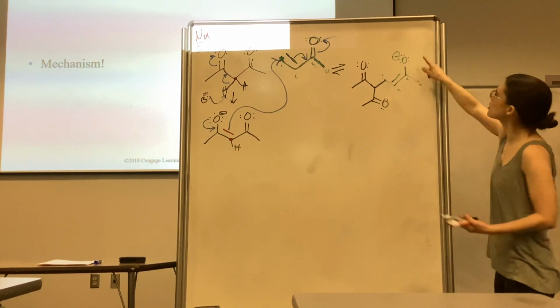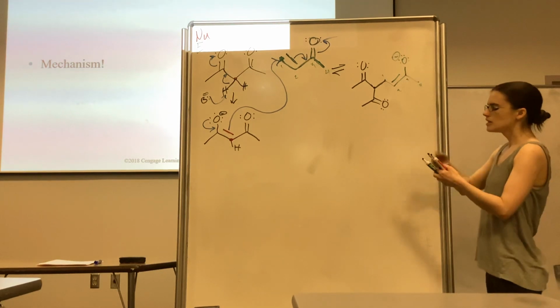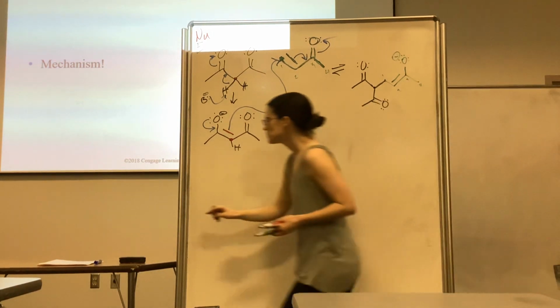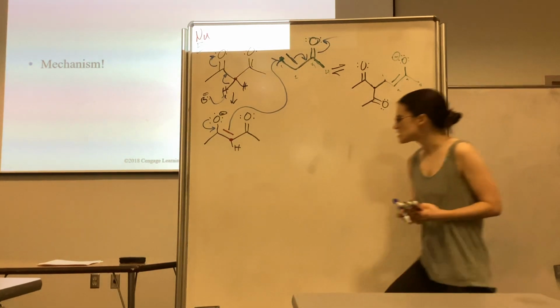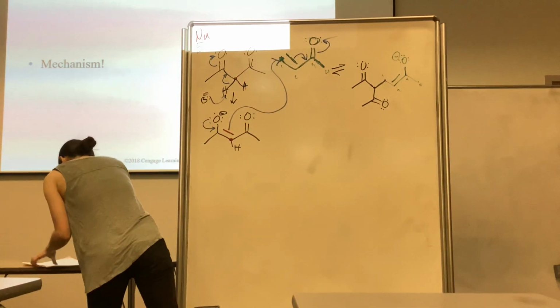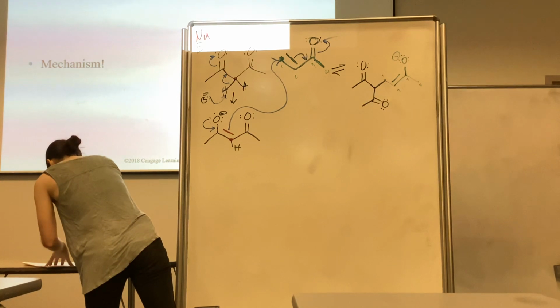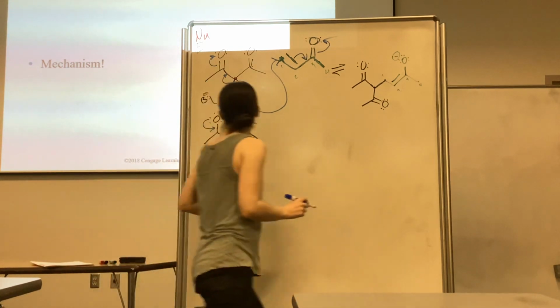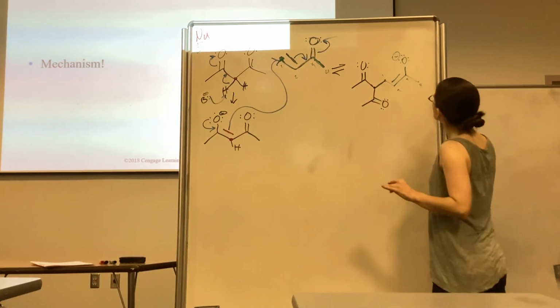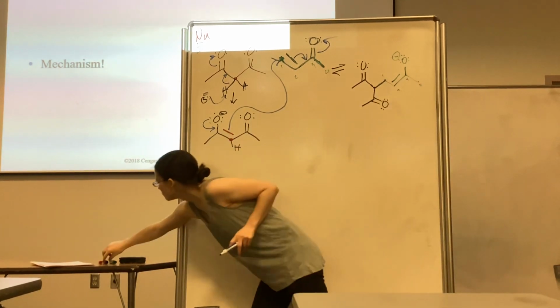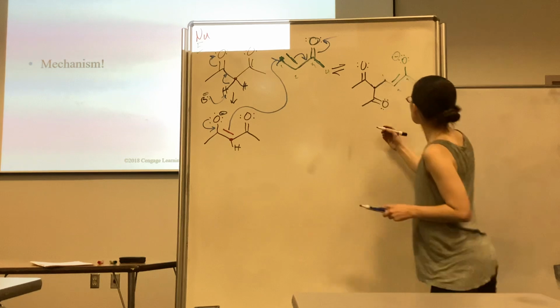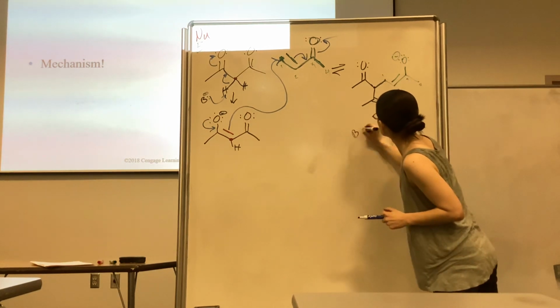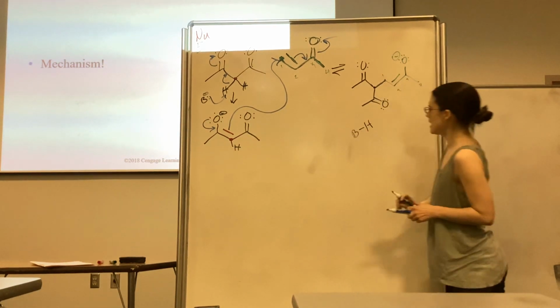So instead of protonating that and then deprotonating it, let's just start here and do enol things. Because from here, we have, remember we had just base B minus before? So now we've got that.